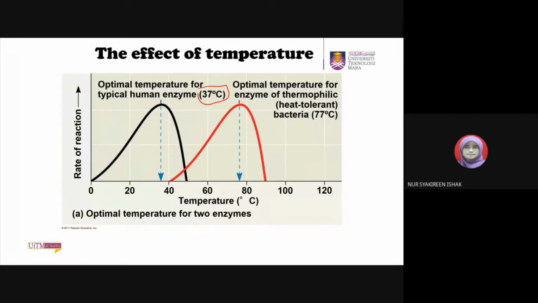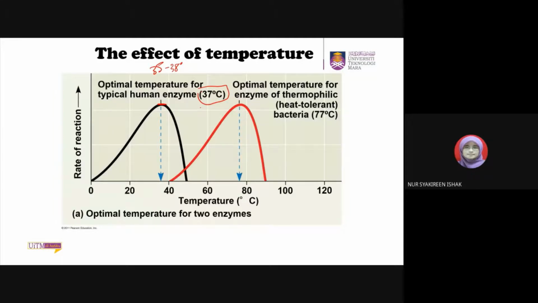So the optimum temperature for enzymes in our body is around 35 to 38 before the enzyme denatures. That is why your body temperature when you have a fever should not go beyond this. So this will interfere with the enzyme activity in your body.